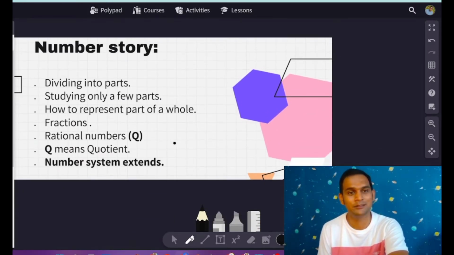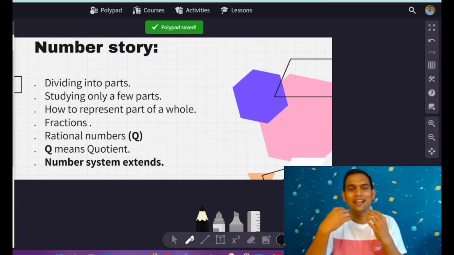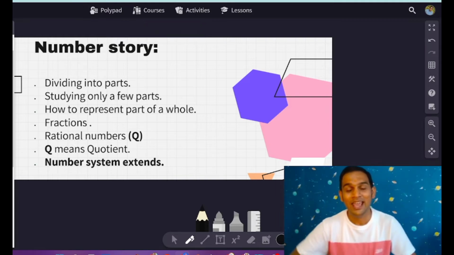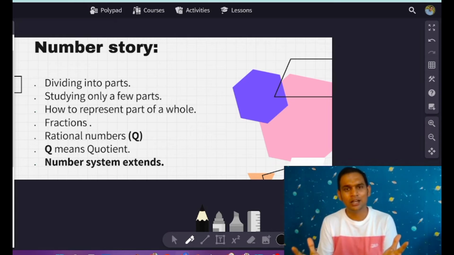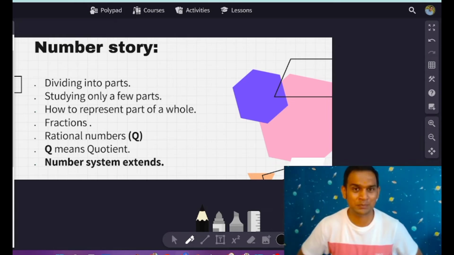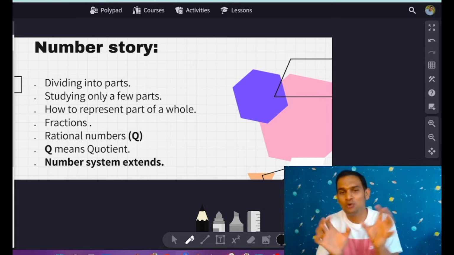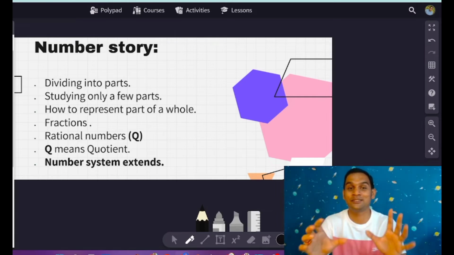Now once everything started to settle down, we developed the need to divide certain amounts of things into parts. For example, if our mother gave us 100 rupees and you are two siblings, you have to divide it in equal parts. Both siblings should get the same amount.